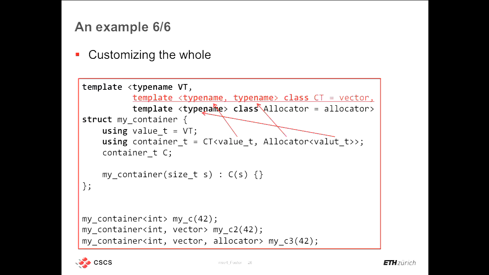And performance-wise, it will work like replacing the strings in there and instantiating the object, and everything will be as good as if you wrote your class as if you wrote the thing for the vector, the allocator, and the integer.